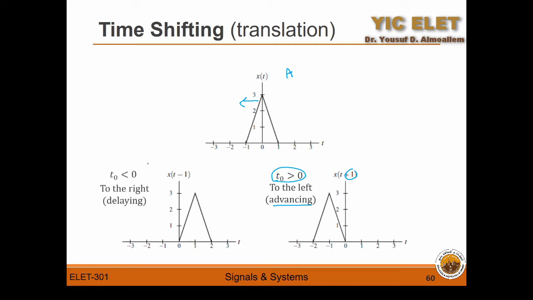Second case, if t naught were negative, let's see here, it is -1, so we are shifting this to the right, and this is called delaying. So we have to redraw the signal in such a way that it is delayed by 1 step or 2 steps or whatever t naught is.